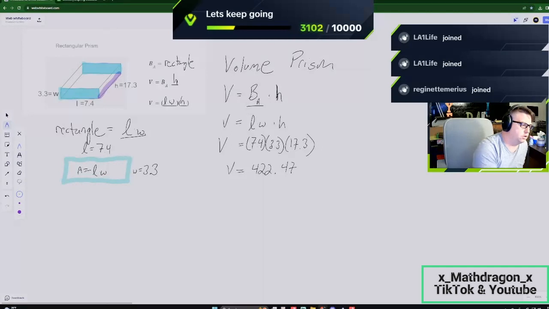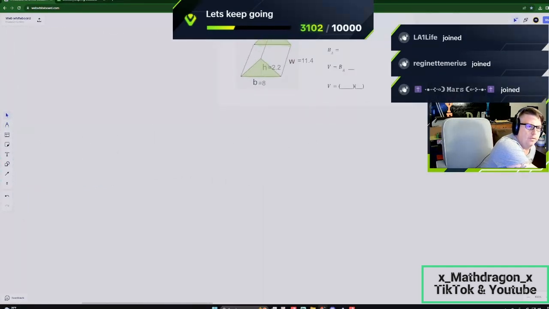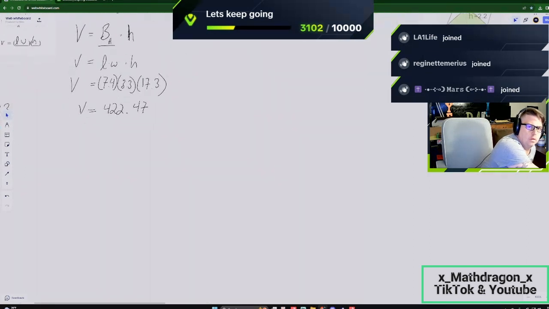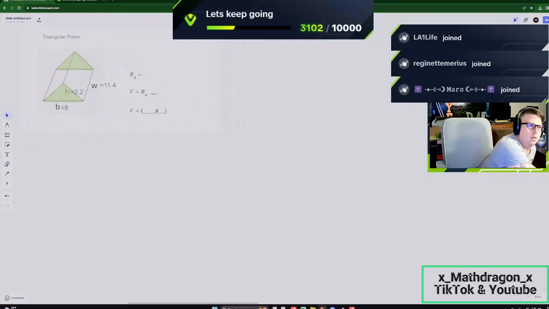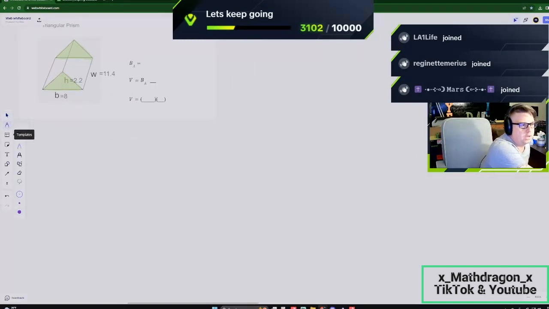Now what's going to change, you're going to see, is what is my base shape. My base shape for this is not a rectangle. My base shape for this is going to be a triangle. Now, this time our distance from base shape to base shape is going to be W. So that's what we do, the base area times W this time.